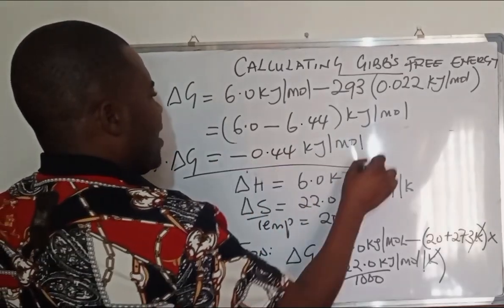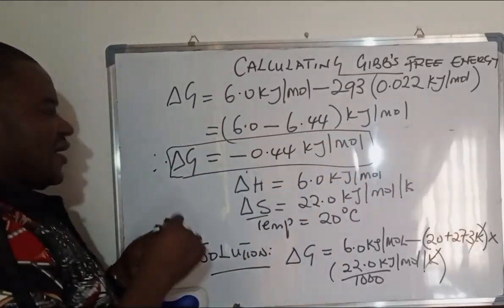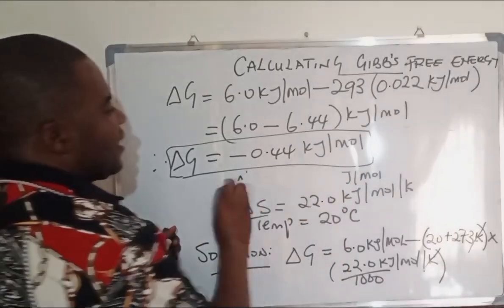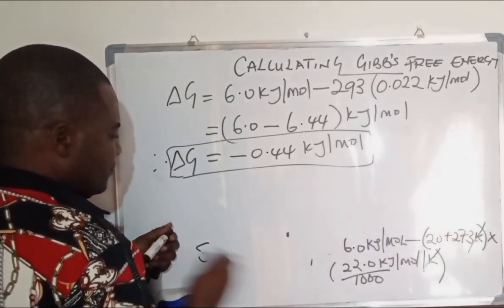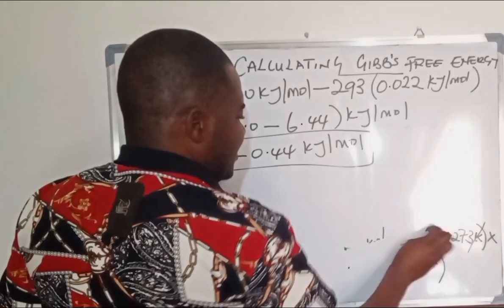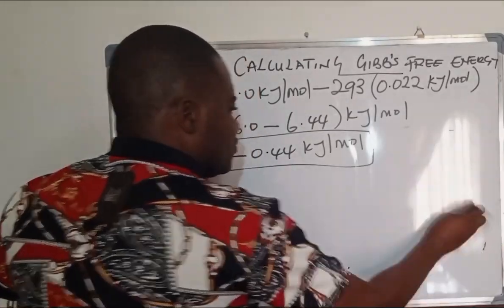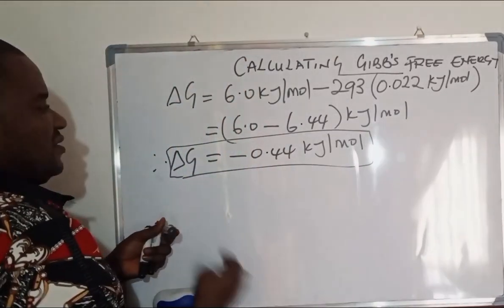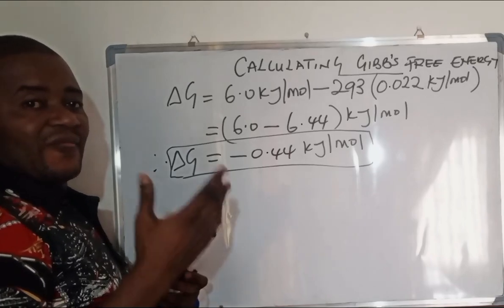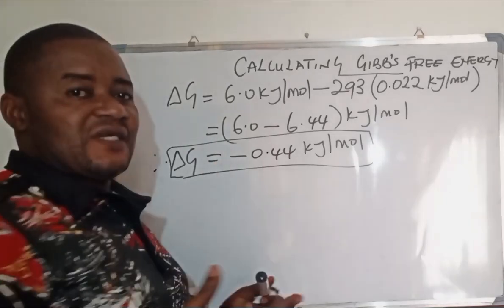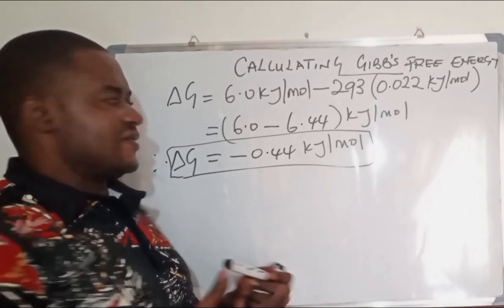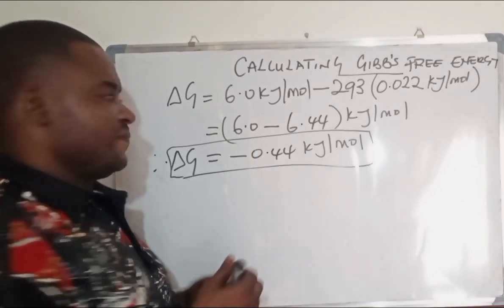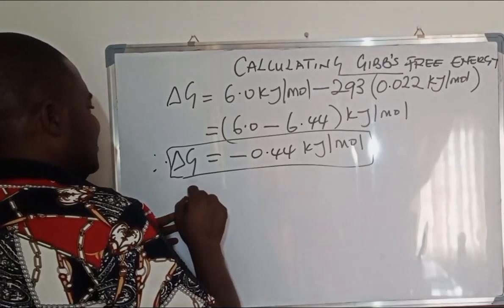This is what we have calculated as our Gibbs free energy. Now, arriving here at our Gibbs free energy, what does this tell us concerning that reaction where ice is melted to liquid water?